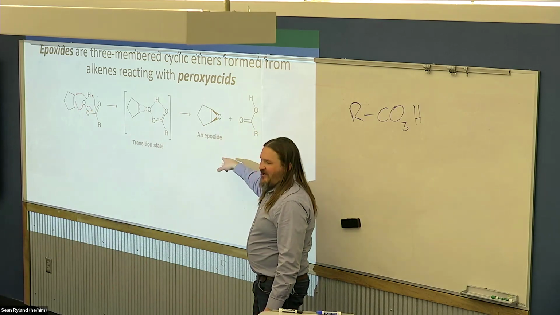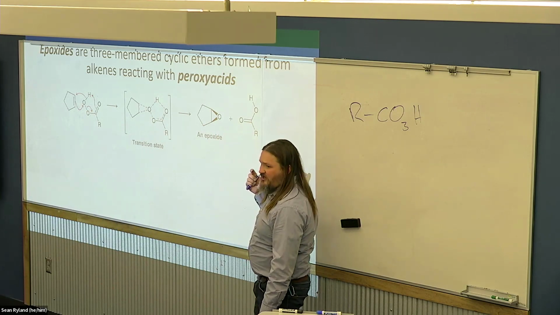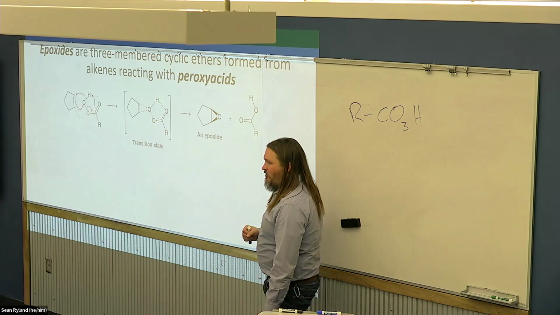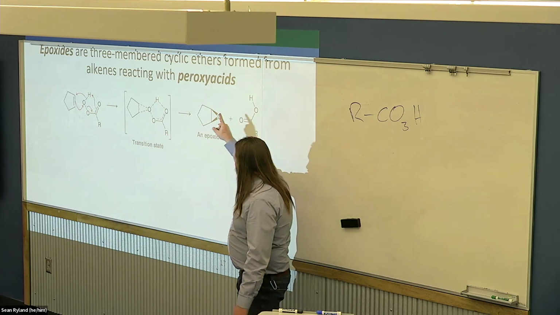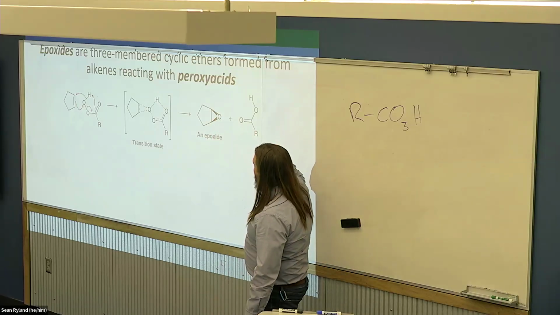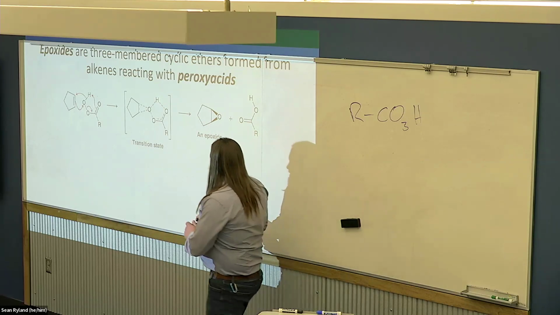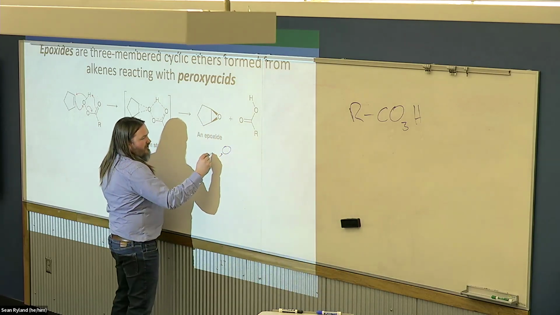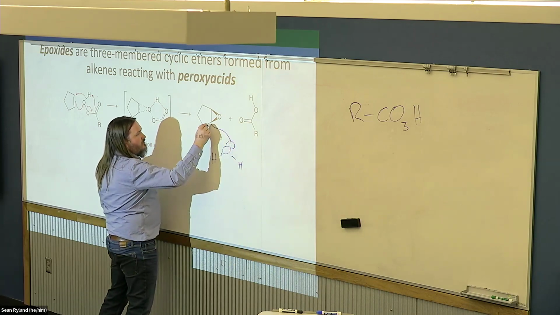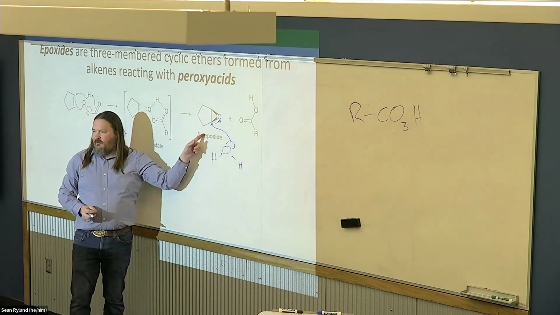And once you make an epoxide, that opens the door to, this is actually similar to the halohydrin formation, where the first step was you make that three-sided ring with bromine and then oxygen comes in. Now we make a three-sided ring with the oxygen. This is actually a way we can create a diol, a double alcohol. Because if we then use water as a nucleophile, like we've seen in the past, we can wind up adding an OH to both of those carbons.